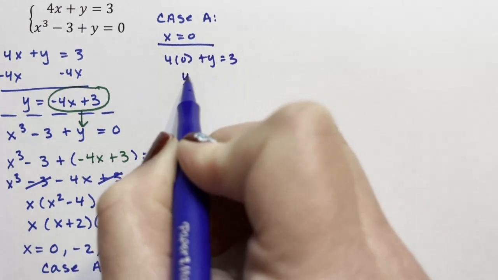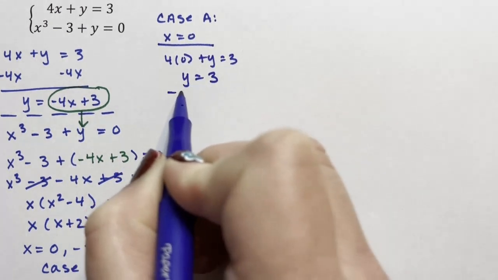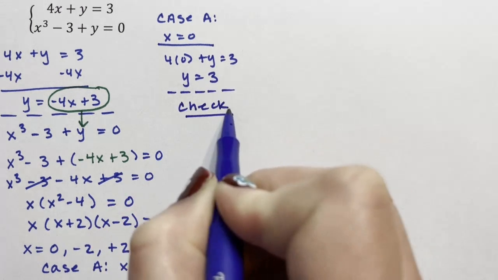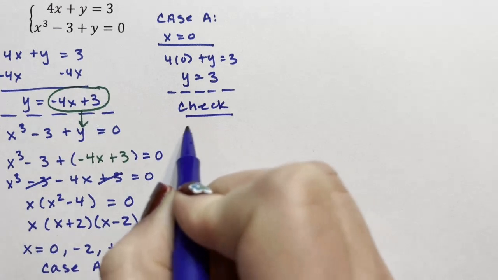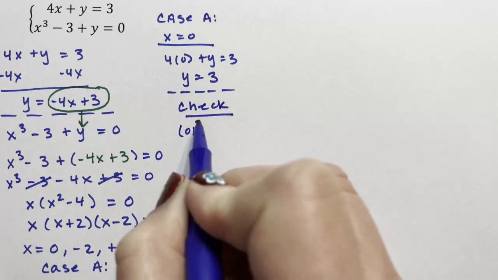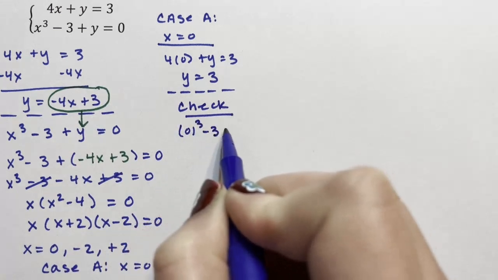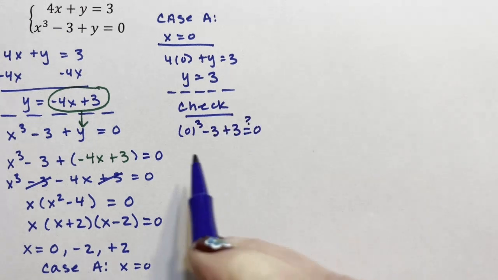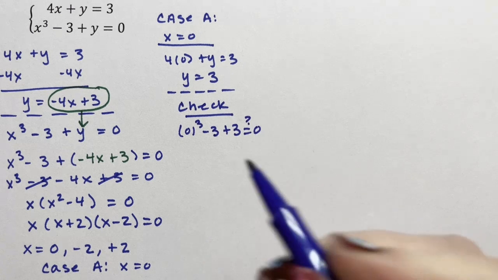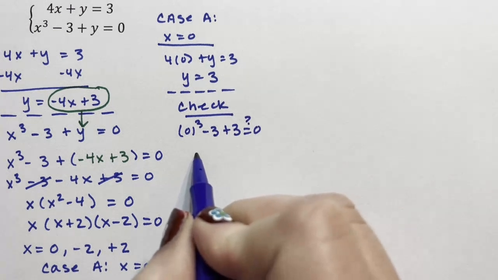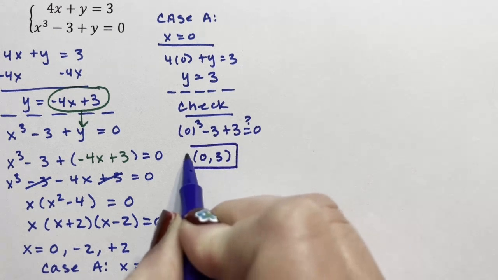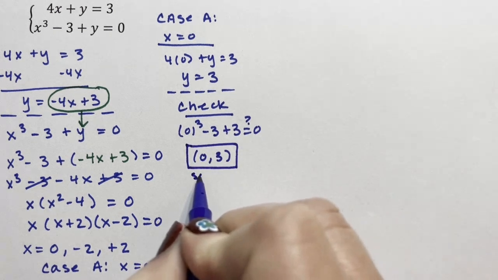In other words, y equals 3. If I check that in the second equation, I have 0 cubed minus 3 plus 3 equals question mark 0. Well, that works out, which means (0, 3) is one of my solutions.